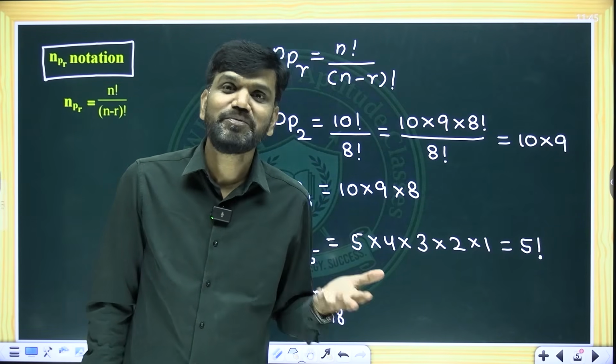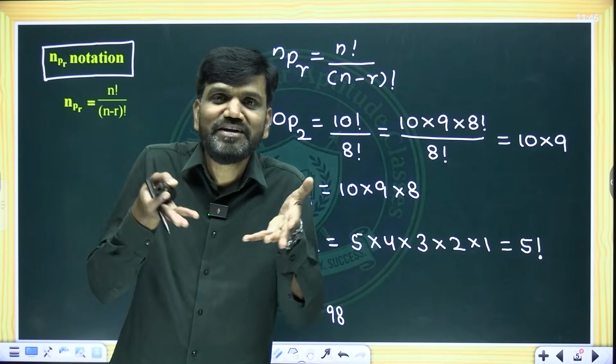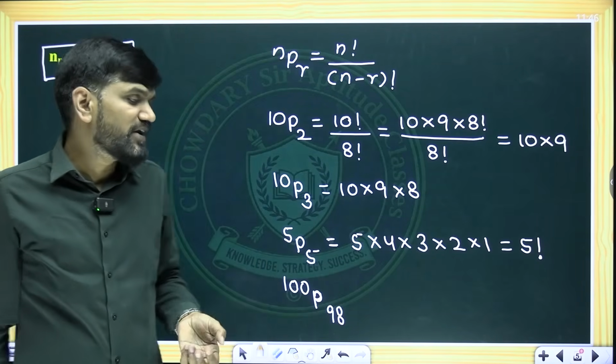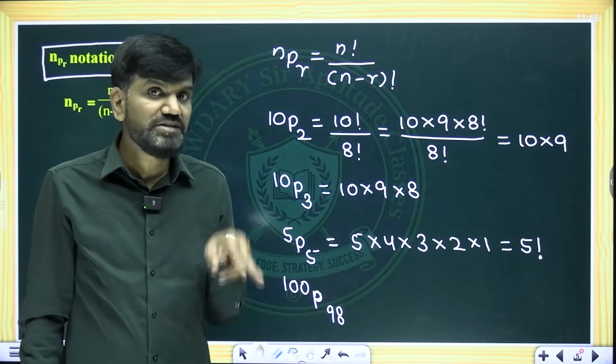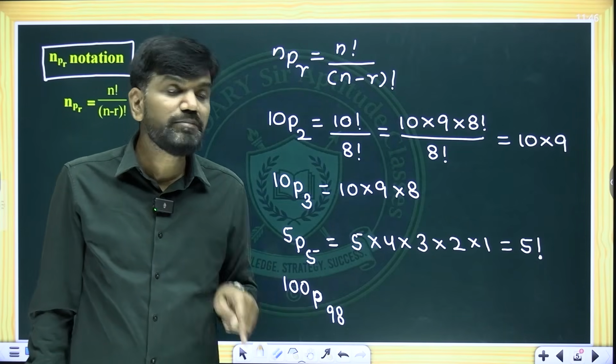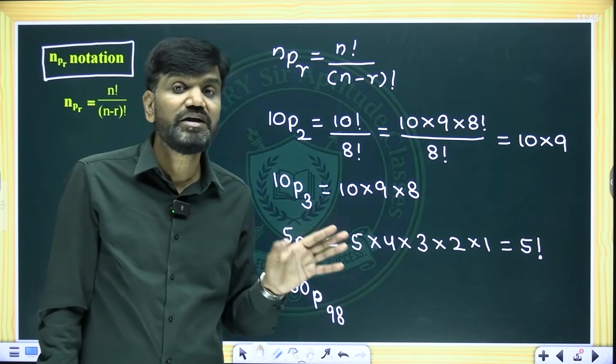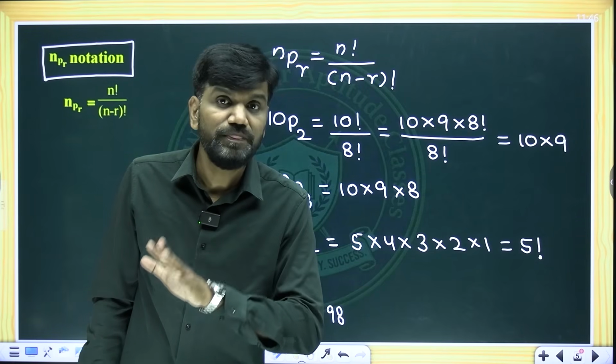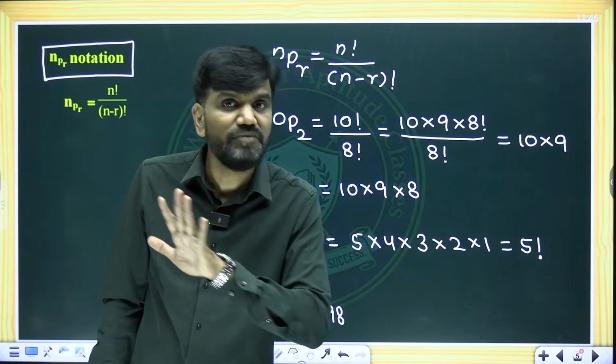That product will be so big that it cannot be given in an option. That's why in the exam, if 100P98 comes out as your answer for a particular problem, the answer will be given as 100P98 only, not in simplified form. They will take care of that. You need not be worried about that.